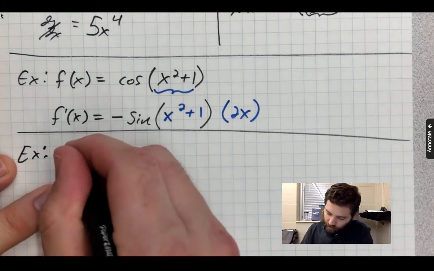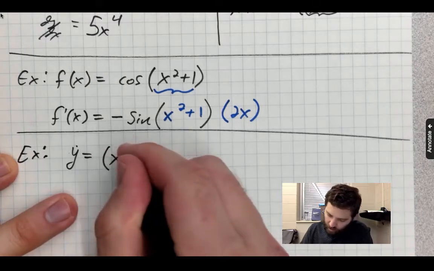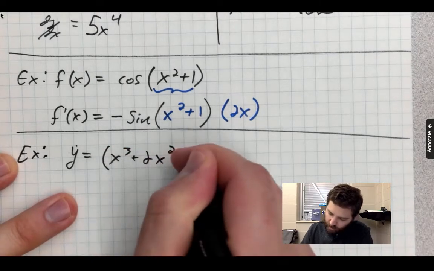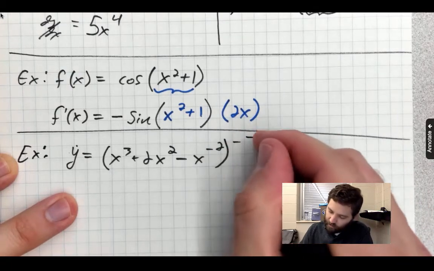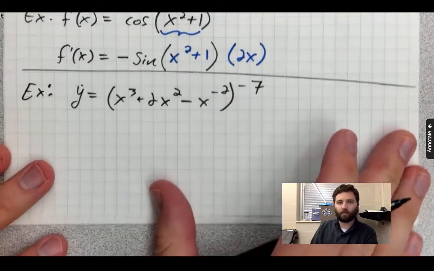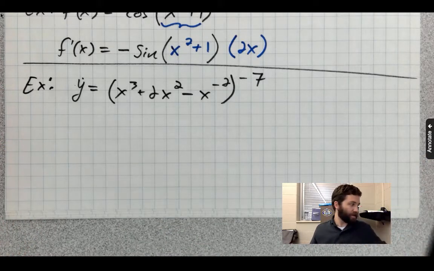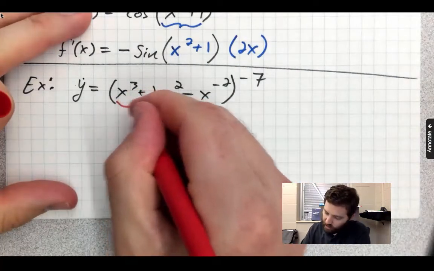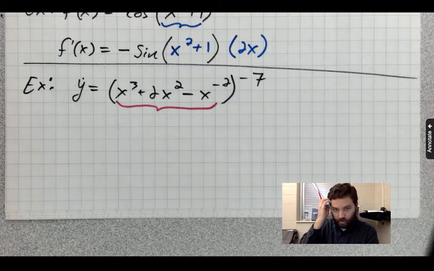So here's y equals x cubed plus 2x squared minus x to the negative 2, all raised to the negative 7. Okay. So now we're going to take the derivative, again trying to identify the inside and the outside function. How about a different color for your learning convenience? The inside function here is x cubed plus 2x squared minus x to the negative 2.